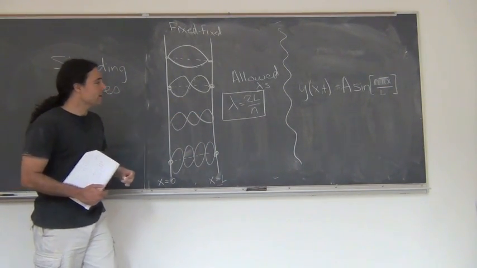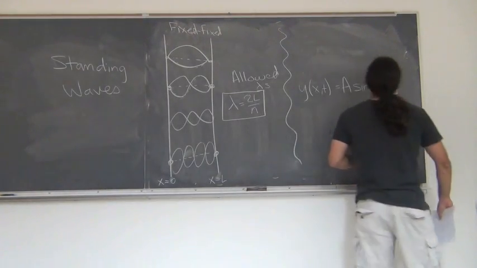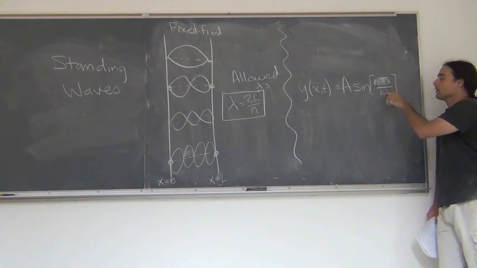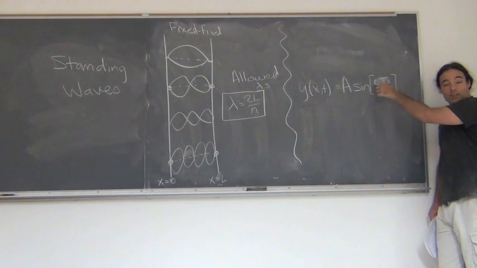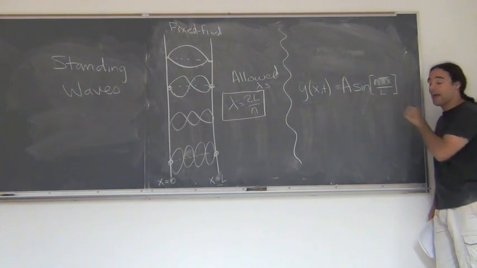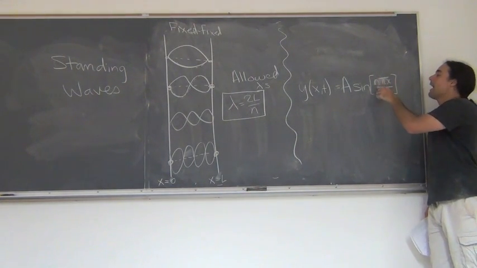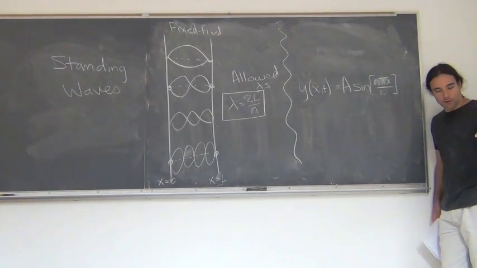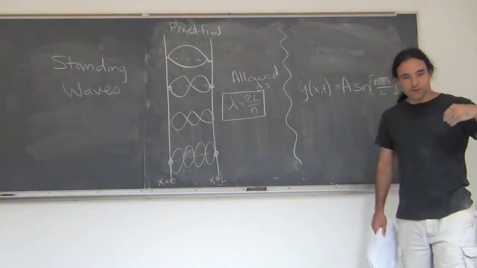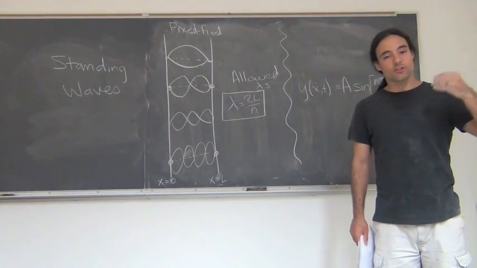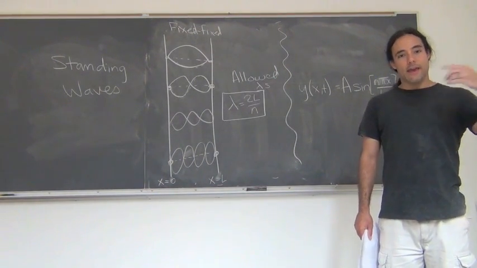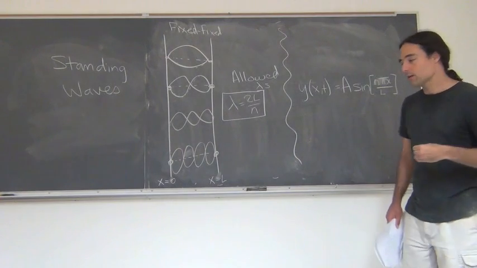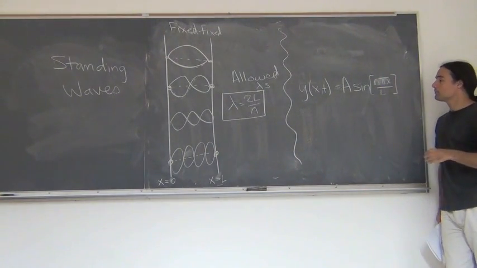And I'm guaranteed that if x is L, the only thing I am left with is n pi on the inside because the L's would cancel. And the sine of any integer times pi is going to be 0. If you look at your unit circle, the sine of 0 is 0, the sine of pi is 0. Any multiple of those will give me a sine that is 0.